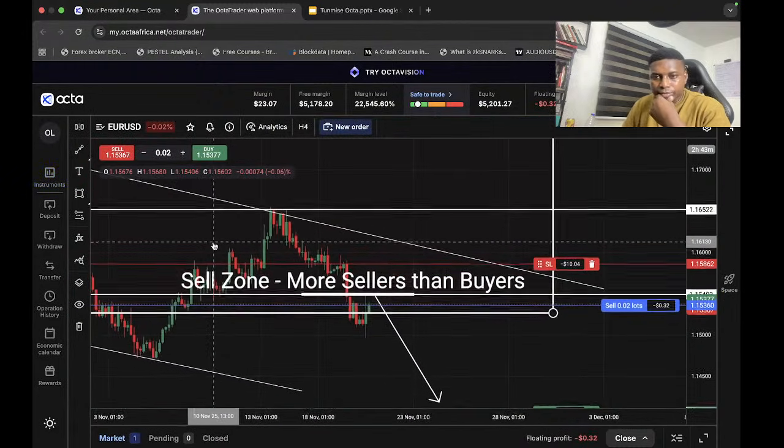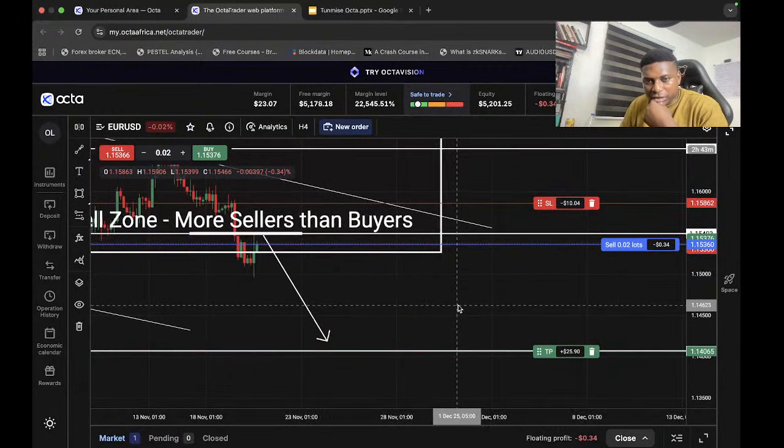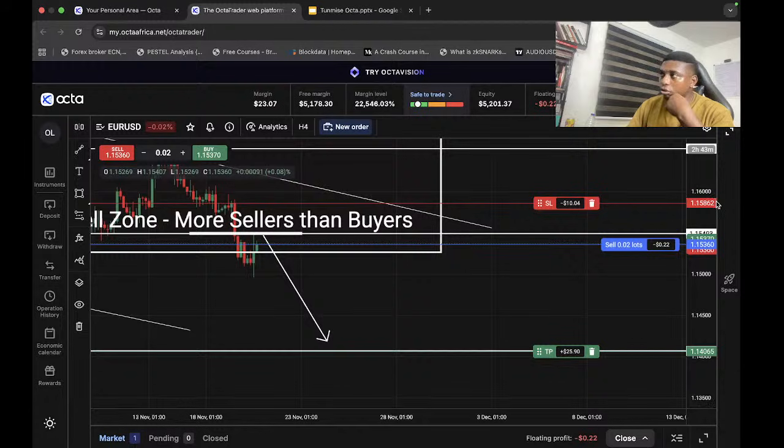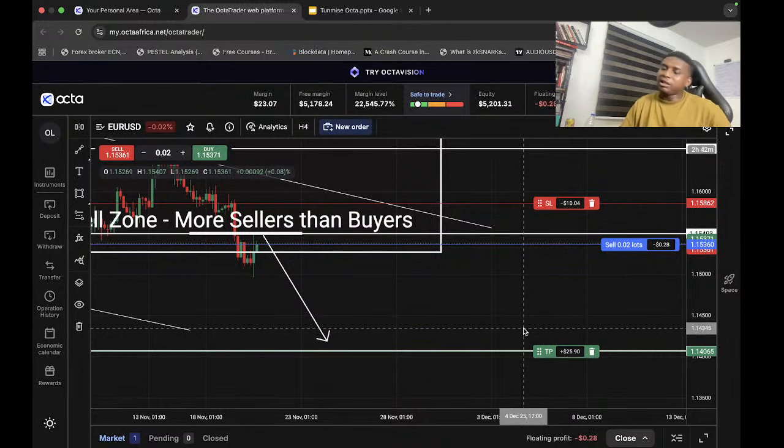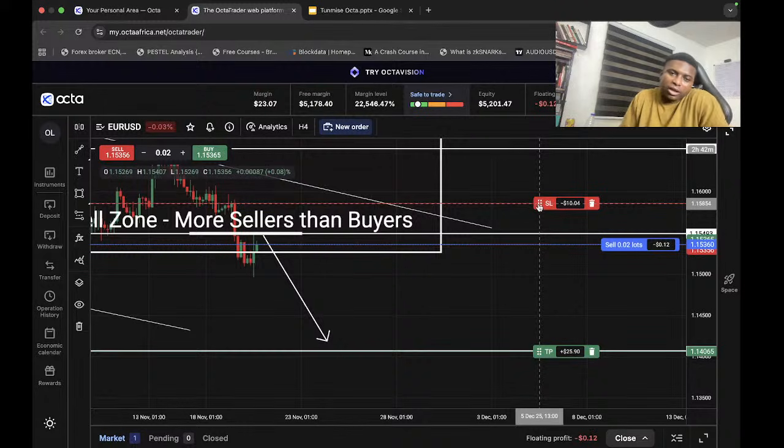Now you can see my stop loss is at 1.15862 and my take profit is at 1.14065. Okay, and when you look at it closely, I am risking 1% or less than 1%.